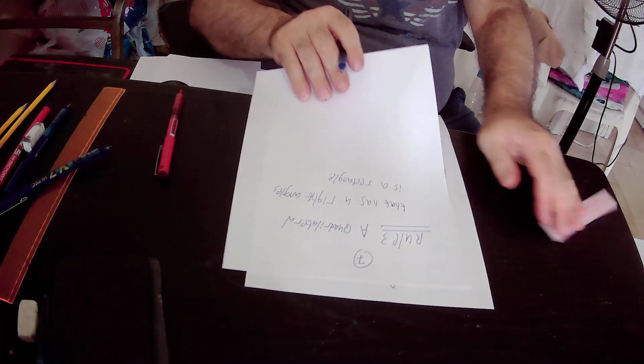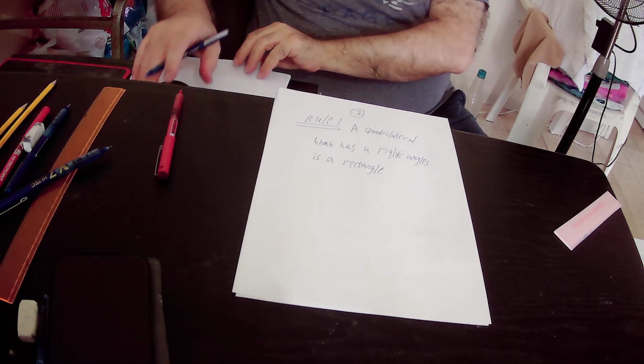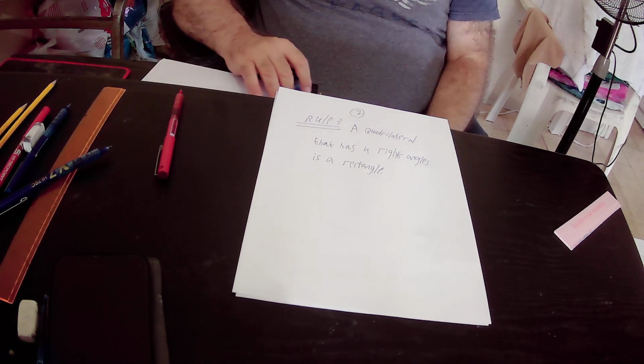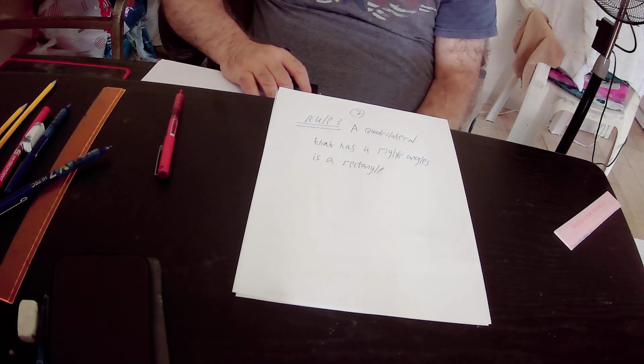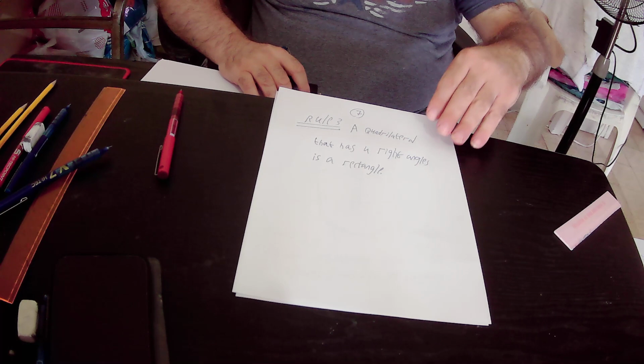I will read rule number 3 again. Rule number 3 states that a quadrilateral that has 4 right angles is a rectangle.